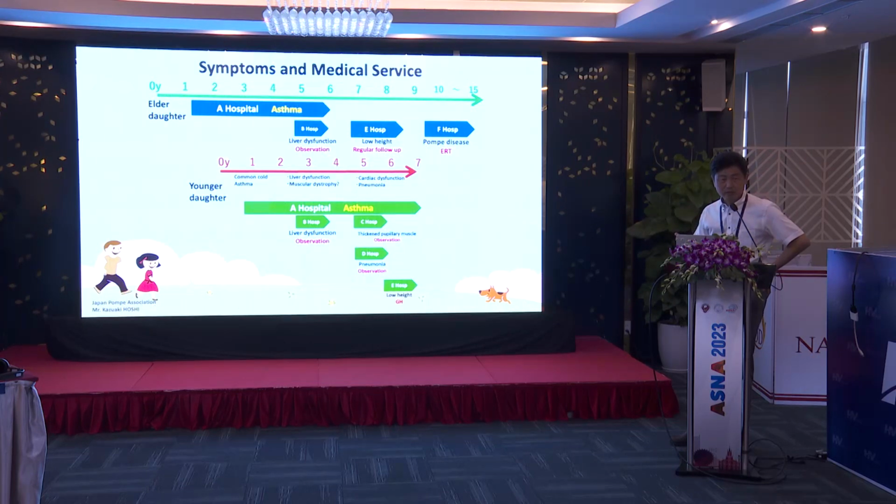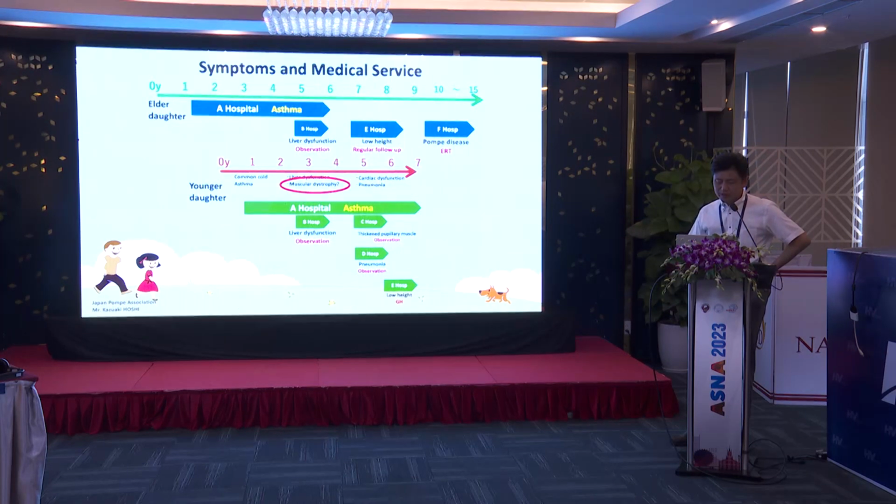They finally thought about Pompe disease, and the diagnosis was made, but it was too late and she died. And of course, the elder daughter has exactly the same condition. So they checked, and finally the diagnosis was made and the treatment was started. But of course, the efficacy was very much limited. She has never walked since.